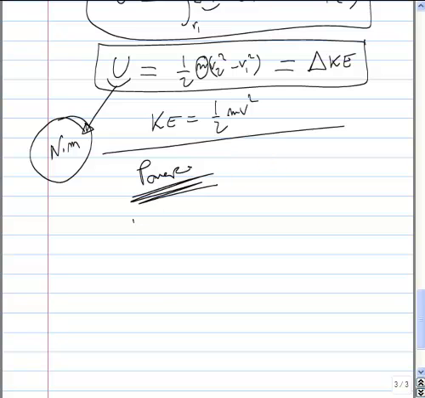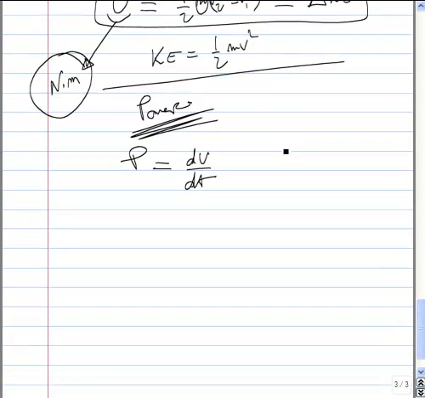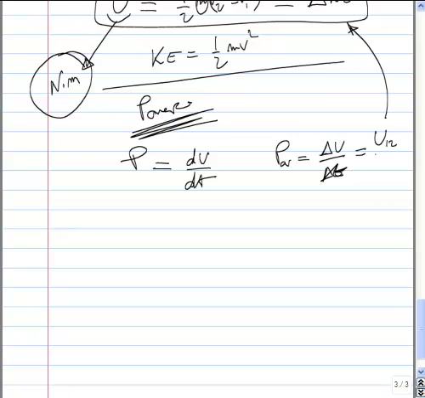So by definition, power, which we'll use the letter P to designate, is dU dt. If you're interested in the average power, what you need to do is use delta U over delta t. And delta U is the one we just derived here, and delta t is a big interval of time.